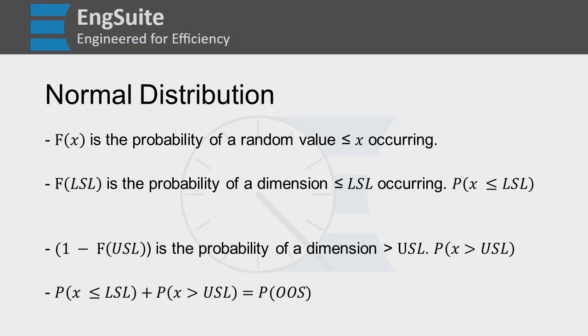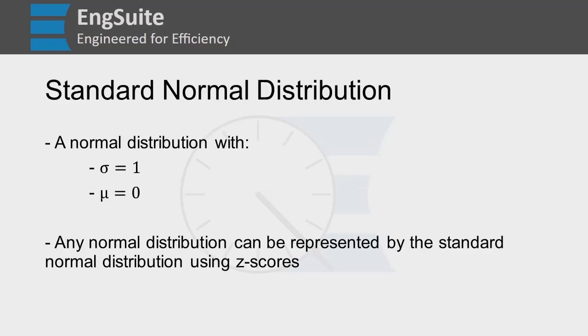So what we're going to now do is sidestep a little bit and learn about the standard normal distribution. The standard normal distribution is a normal distribution with sigma of 1, so standard deviation of 1, and mean, or mu, of 0. We use this because any normal distribution can be represented by the standard normal distribution using z-scores.